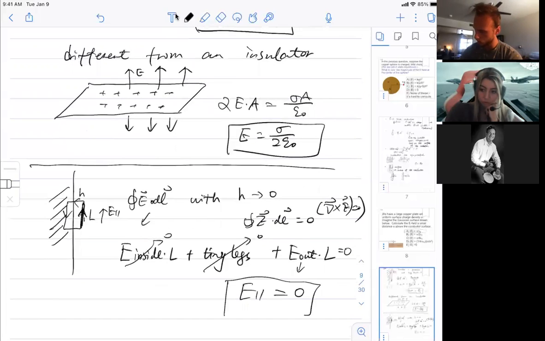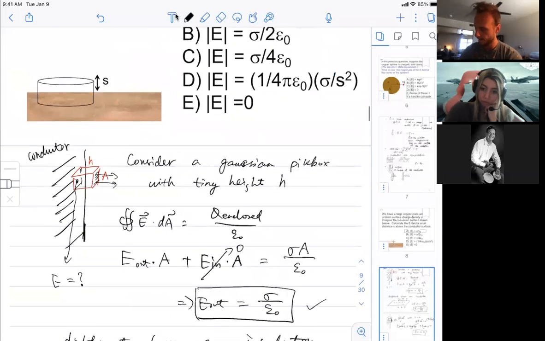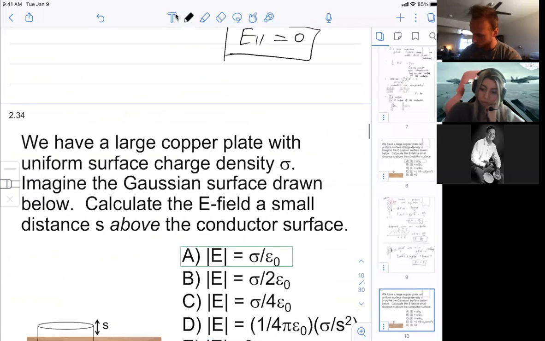So that's another way to show that you should never have a parallel component along the surface of your conductors, because if you do, the electrons are going to feel the force and they're going to move. So a non-zero E field must be perpendicular to the surface, like this.